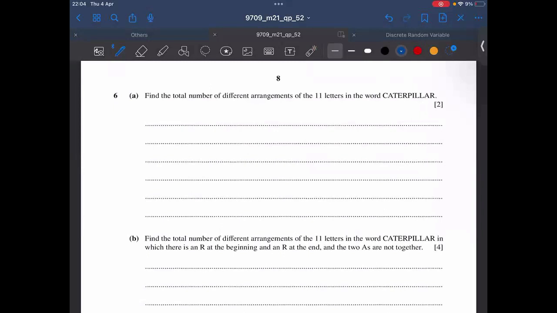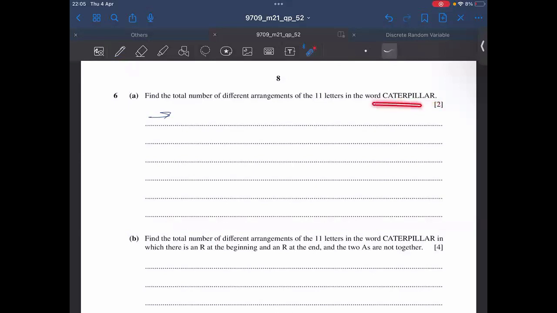Let's do this. Question 6 first. Find the total number of different arrangements. That is something Yusuf is going to tell me. Yusuf Hussain, come on, give it a try. You are supposed to arrange all these 11 letters without any restriction.